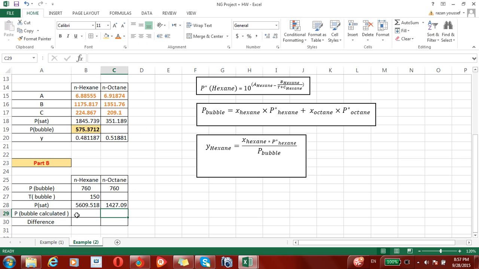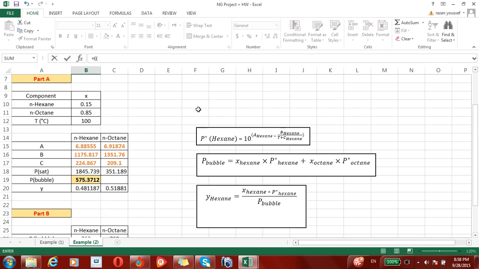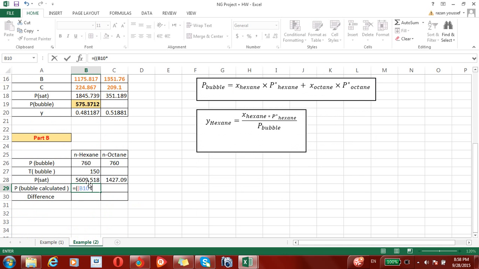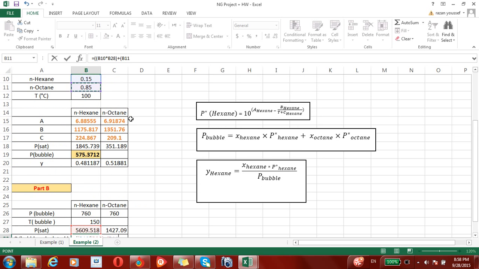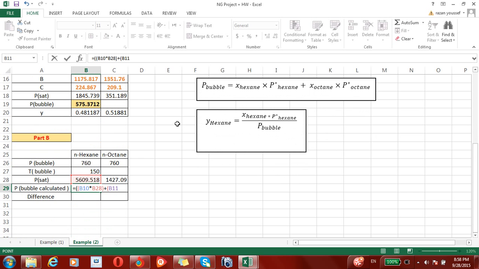Okay, now the bubble point pressure is calculated using this equation, the second one, which is the summation as I mentioned before. It will be X of the hexane multiplied by the Psat that I found at the temperature I assumed, plus X of the octane multiplied by the Psat of the octane.